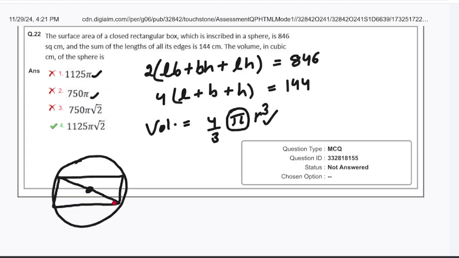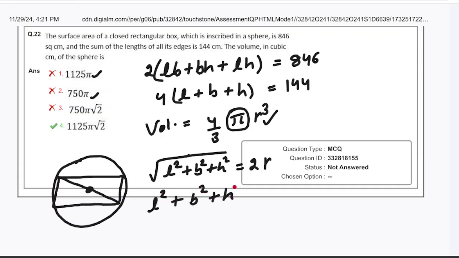So the diagonal of the cuboid should be equal to the diameter of the sphere. The formula for the diagonal of a cuboid is square root of L square plus B square plus H square. Now that is equal to twice the radius. That means L square plus B square plus H square is 4R square.